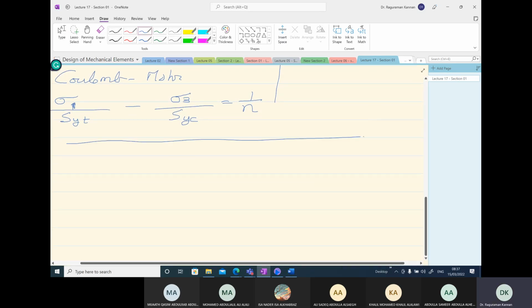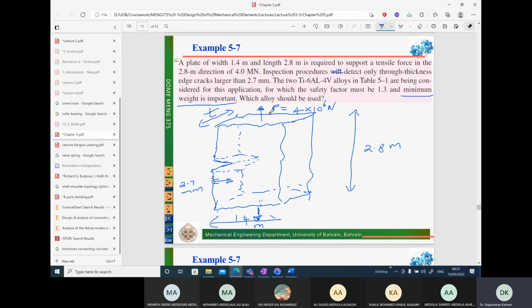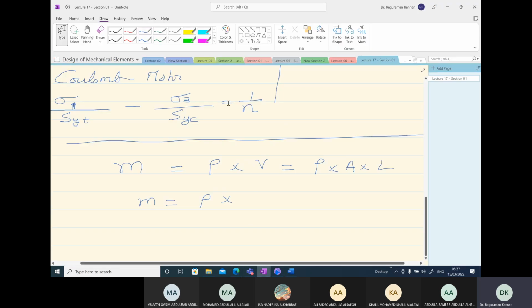So let's write the equation for mass. Mass is rho times volume, which I can write as rho times area times length. Whatever the alloy is, the rho value for titanium alloy is going to remain constant. It is not going to change much. The area of cross section in our problem is going to be width 1.4 times thickness T, times length.